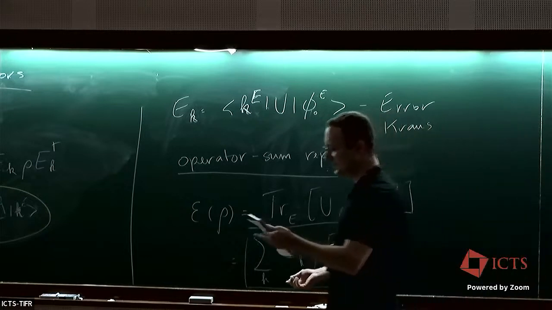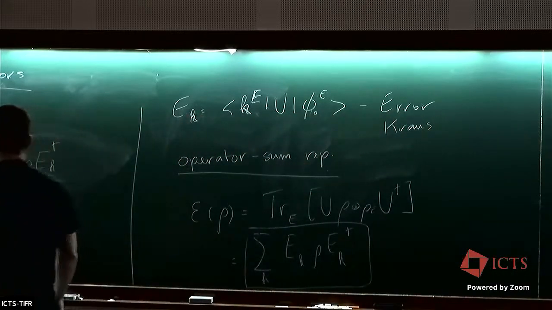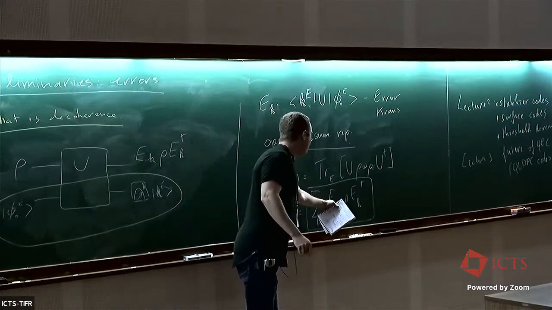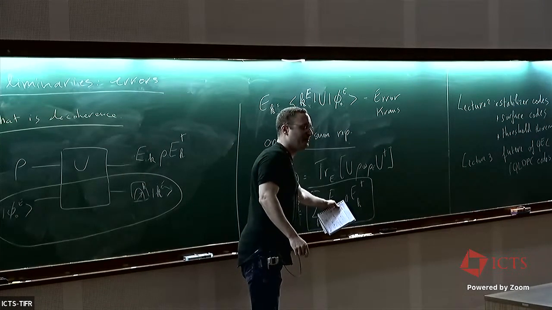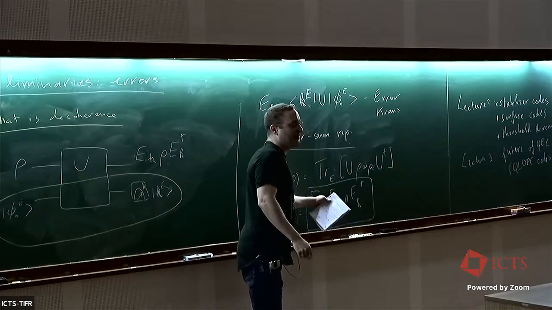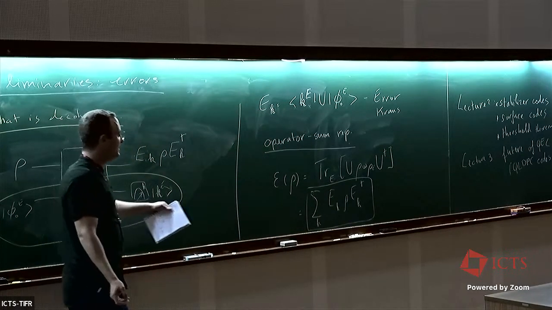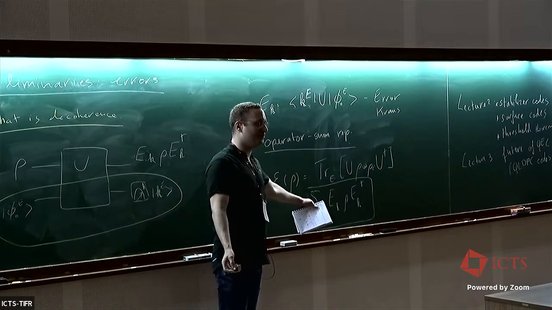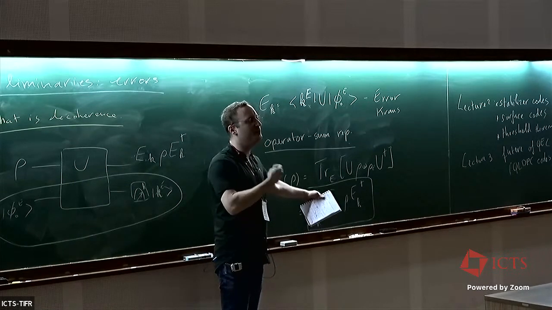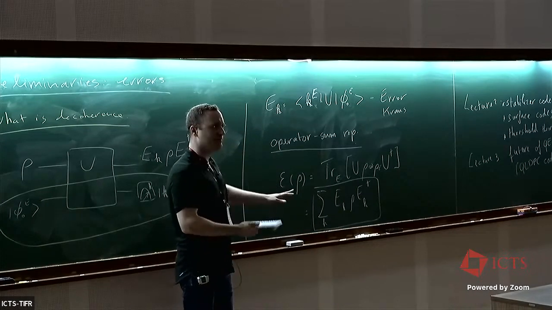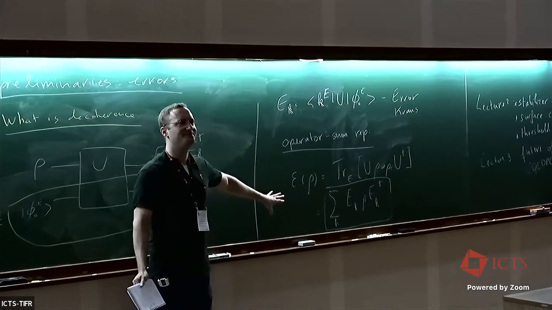The intuition is that if the environment measures the outcome K of its side, then effectively the operator E_K is applied to your density matrix. Because you don't have access to the measurement result of the environment, you have a sum over different E_Ks. And we'll see a few examples of this, which should become clear. Any questions from above?